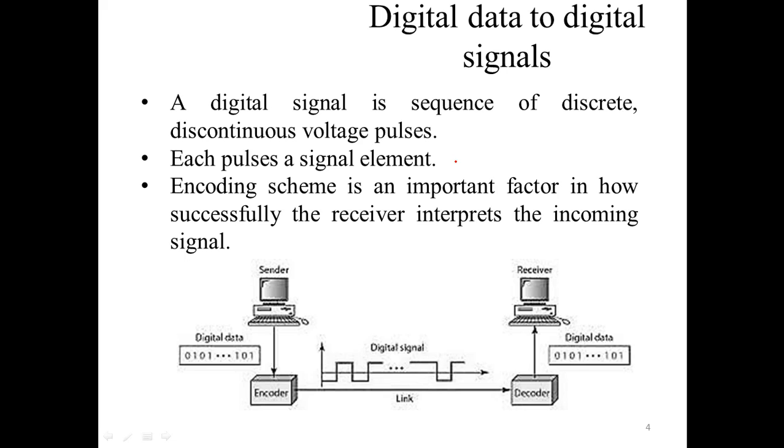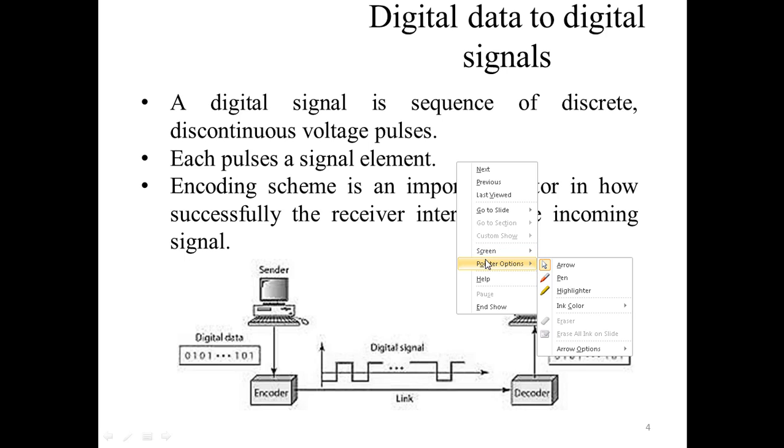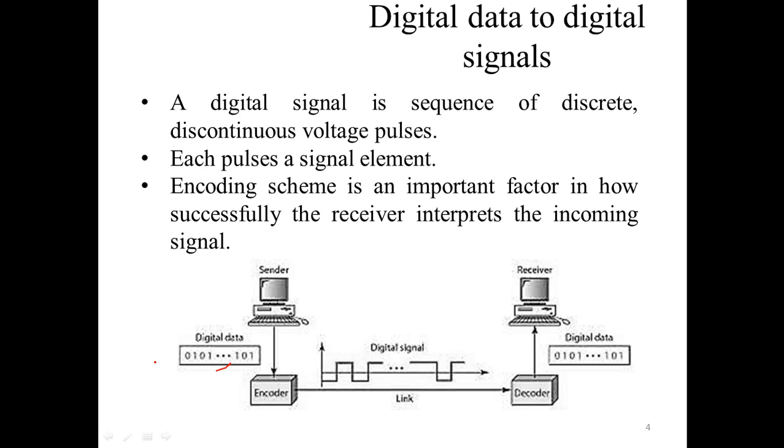Line coding is a technique in which you can convert your digital bits, or digital information, or digital data. You can see that this is your digital data in the form of ones and zeros, and now you have to convert it into a digital signal because the medium is digital. So that is why you have to use a kind of encoder that will convert your digital data into a digital signal.